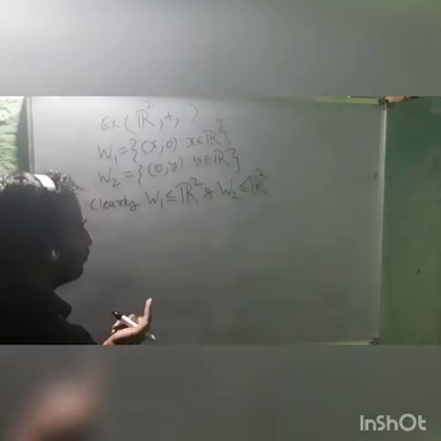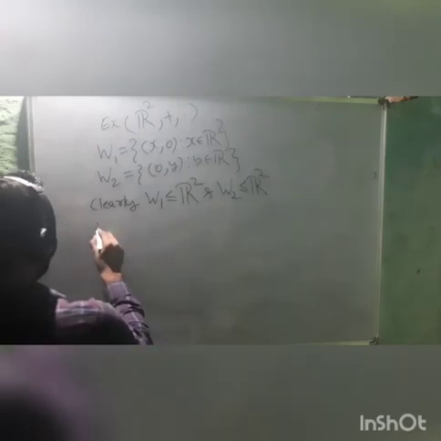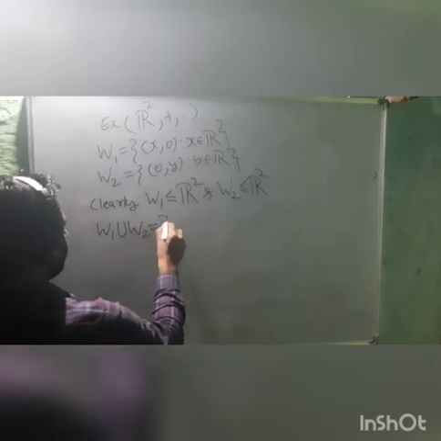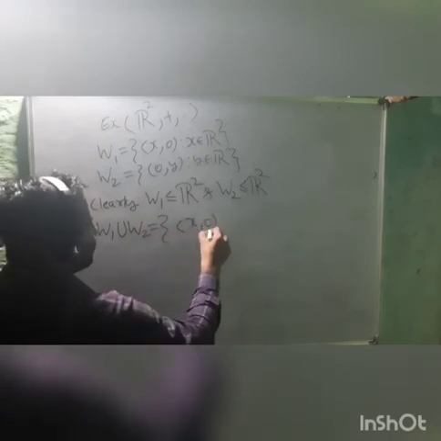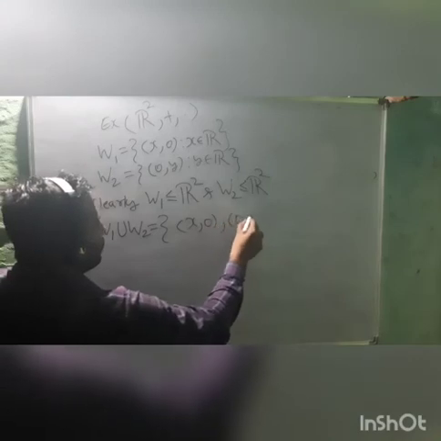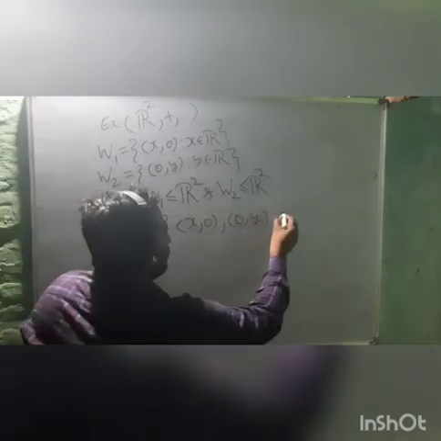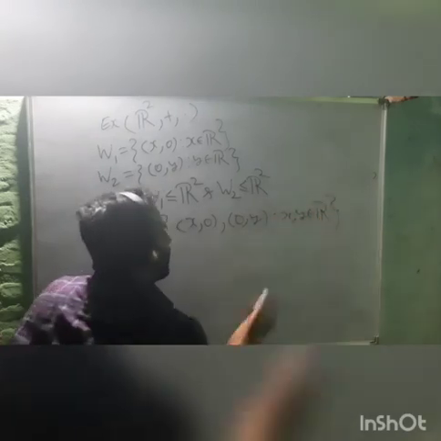And what we have to show is that W1 union W2 is not a subspace of R2. So W1 union W2 is going to be of the form (x, 0) and (0, y), where x, y come from R.